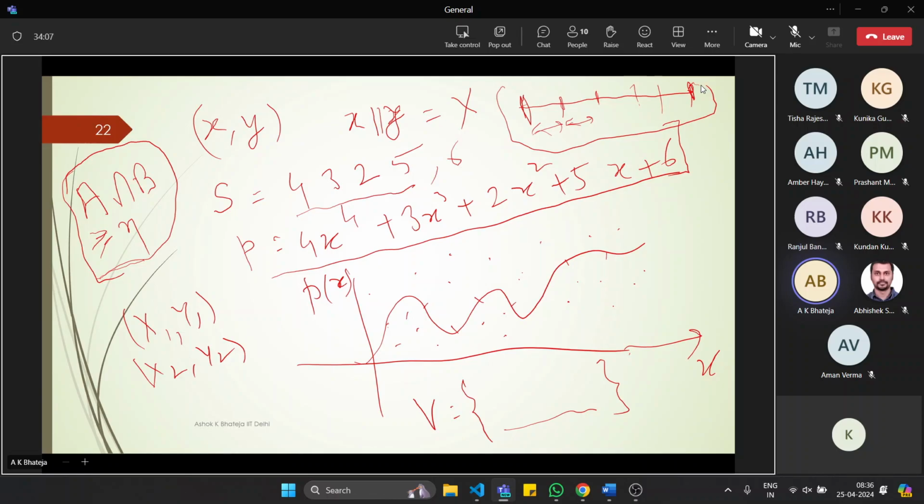Then you can use some padding, some zeros or ones or whatever you want, at the end, and then make it exactly of that size, either 256 or 512 or 128, because that is easy for the system to handle. Any other question? Any other doubt?